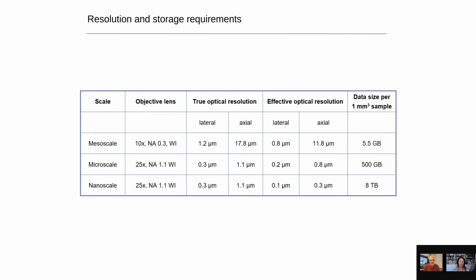Then we import the images into Imaris, and there we do the processing and the evaluation of the data. All of that is a very special and quite demanding task for the computers that you use. Oh, wow. Thank you.